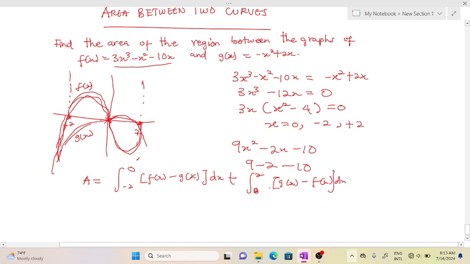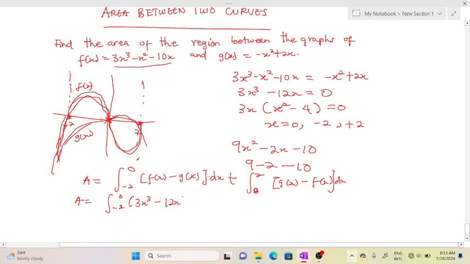When we say why, you realize that for the first section from negative 2 to 0, our f of x was up while the g of x was down. But when I come here, my g of x is up and f of x is down. That is why if you don't draw, you make a mistake. Okay, so here let's see. Making our substitution, the limits are negative 2 to 0, and the expression is going to be 3x cubed minus 12x.